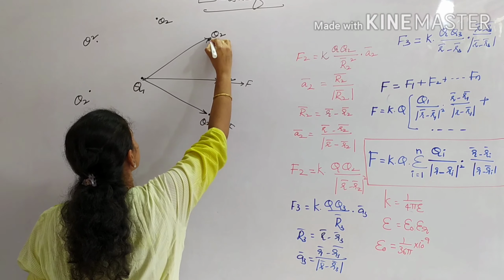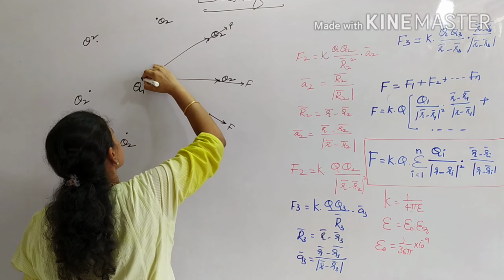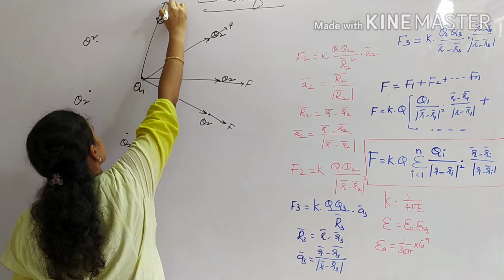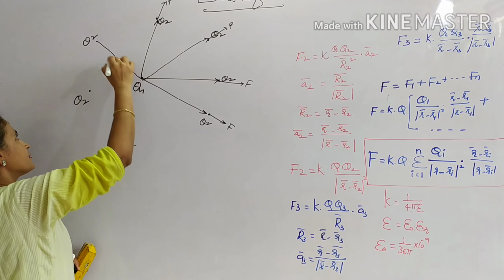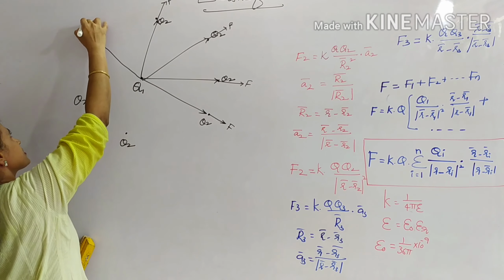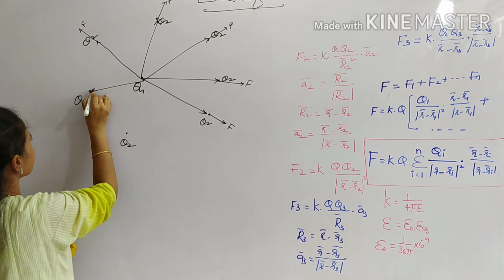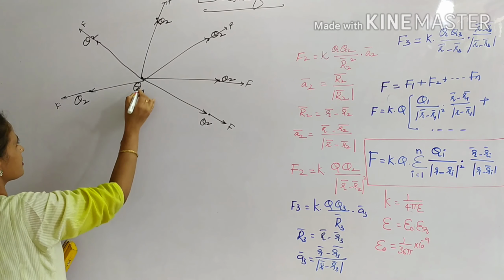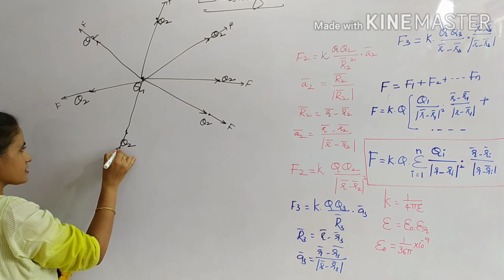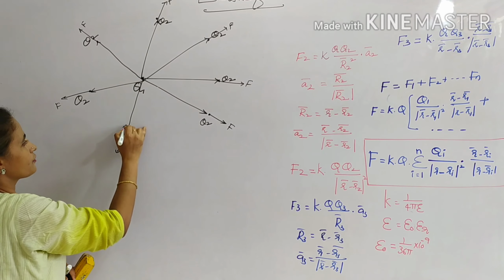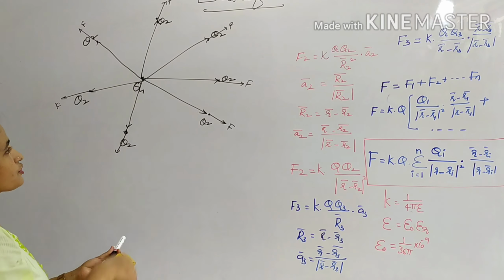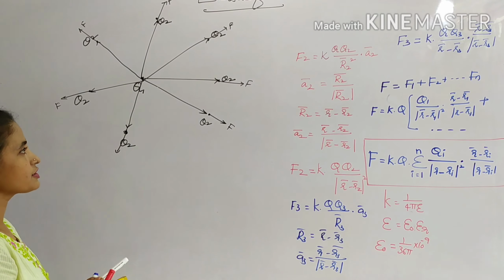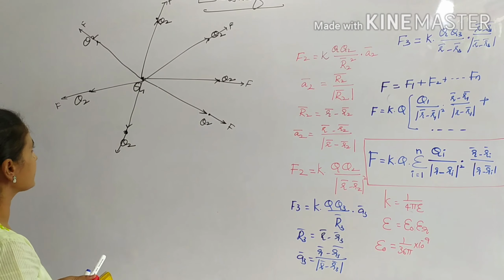The direction of force is this. Here also it is showing some force and the direction of force is this. Up to one region it is showing the force on the other charge, right?